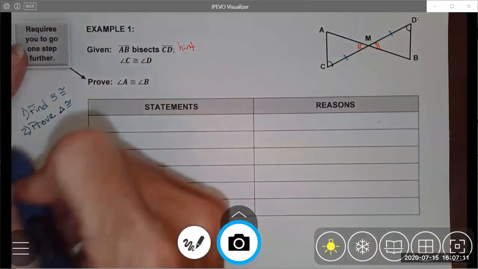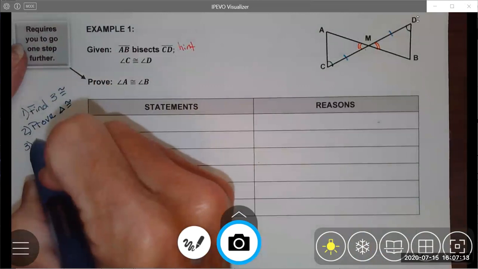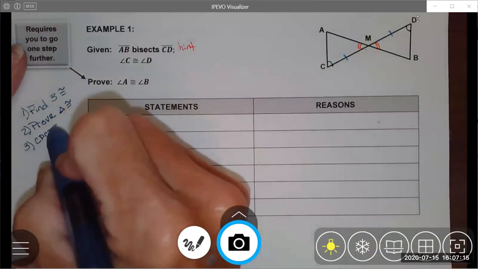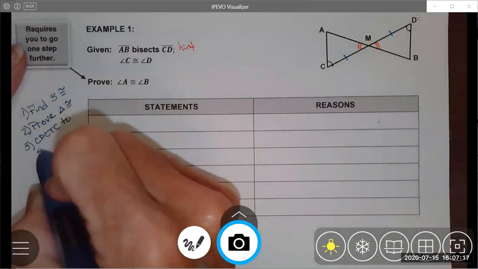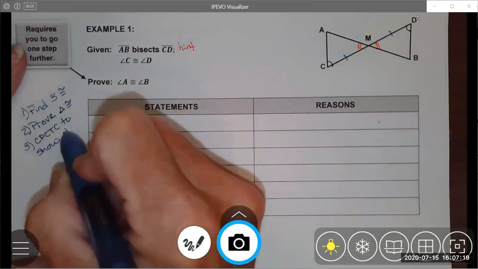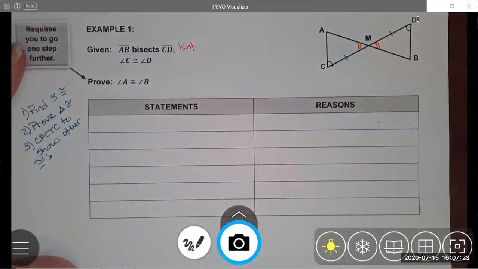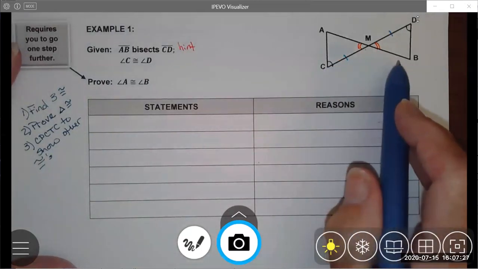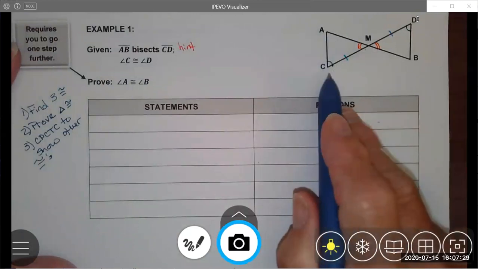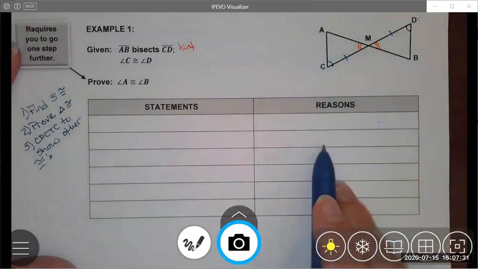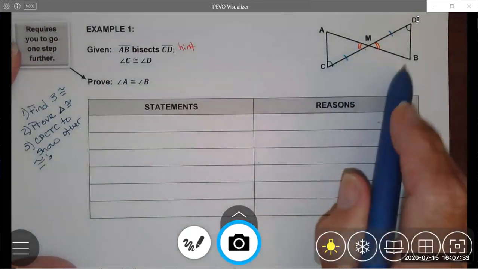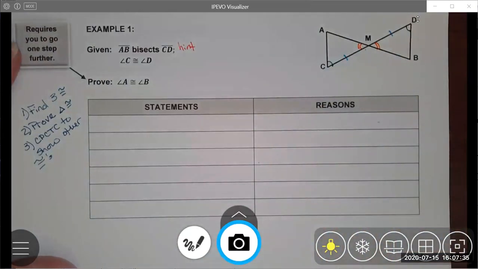And then once I've proven my triangles congruent, I'm going to use CPCTC to show other congruencies. And that could be an angle, it could be a side. Once I have congruent triangles, I can say a lot of things. I can say AC is congruent to BD, or I could say AM is congruent to BM. There's lots of congruencies that I can get. In fact, there's 3. We set it up above.